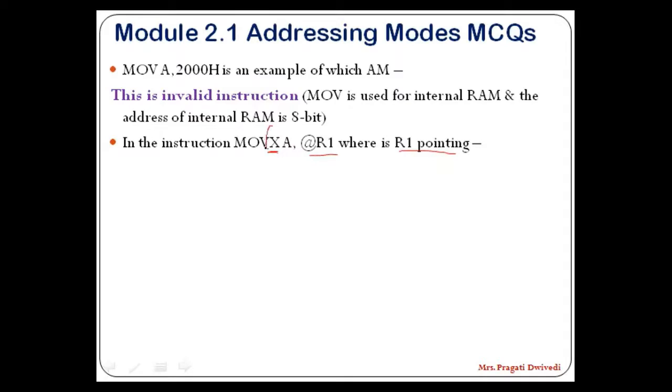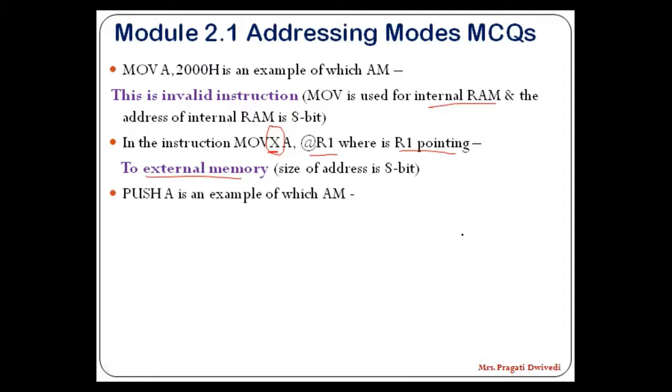You have to see this X. X stands for external data memory. So your R1 is pointing to external memory. If you would have MOV A, @R1, then it would be your internal RAM. Since you have this X, it is external memory. Is this instruction valid? Yes, it is absolutely valid. You have an opcode for it.